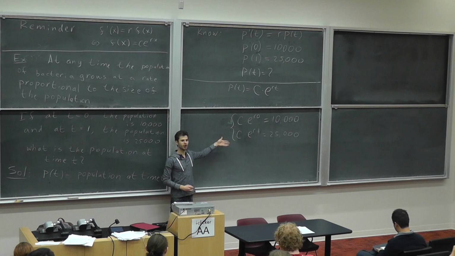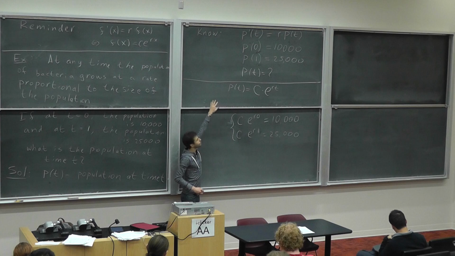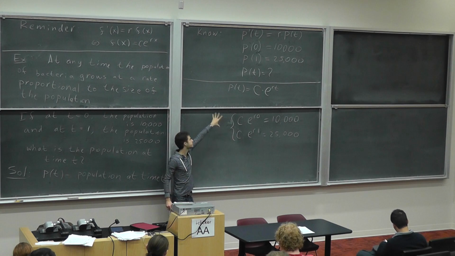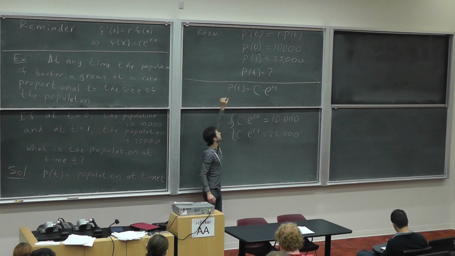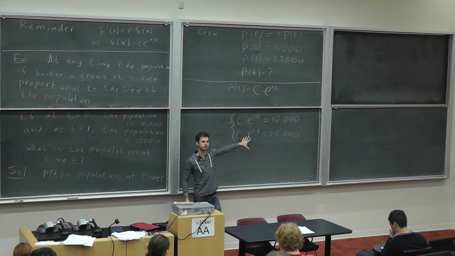Now in our problem, we started with this thing, and now we have this thing. Again, these three lines encode the same information as the three lines over there. We didn't lose anything, but we simplified it a little bit. We now don't have any derivatives here.